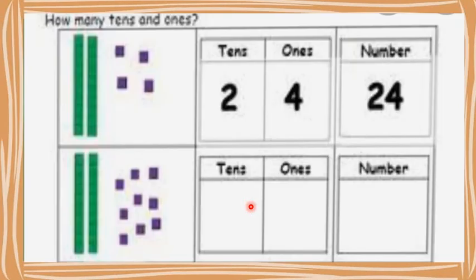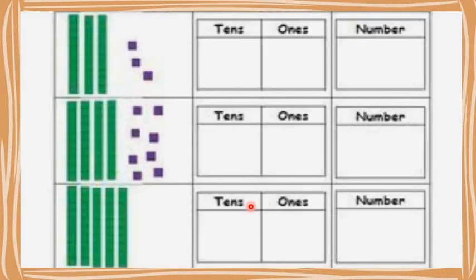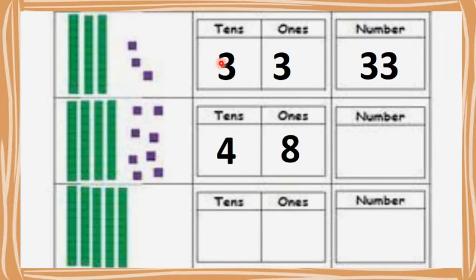Then we make exercise of tens and ones. How can we write numbers in the column of tens and in the column of ones? And how can we form the numbers with the help of tens and ones?